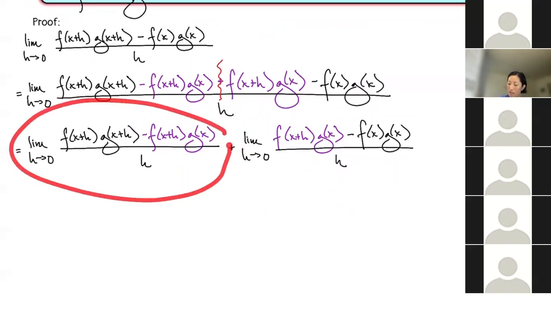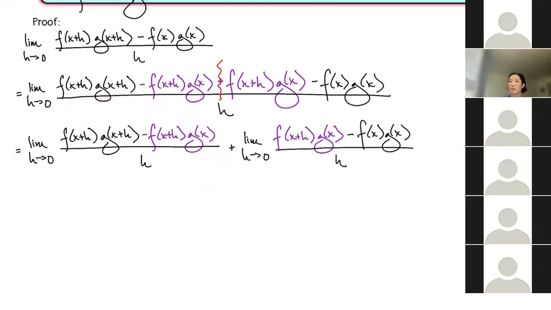Let's focus on this first fraction. What is the greatest common factor there? Excellent. Right, so let's highlight that there. I see f of x plus h in both terms. Now, tell me about the second fraction.